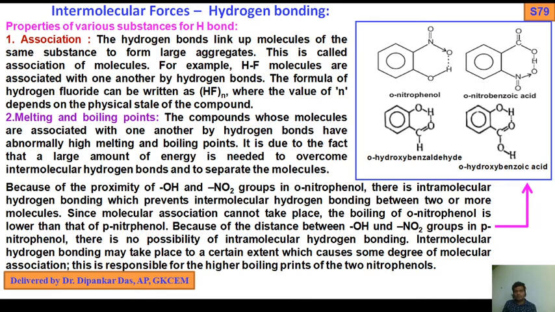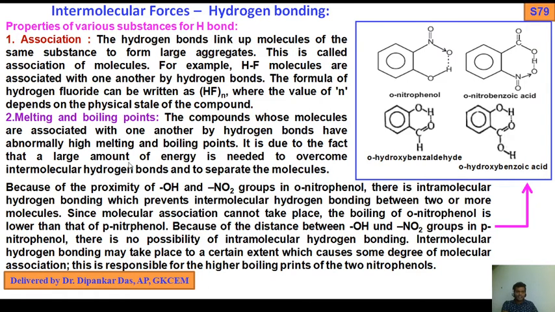The compounds whose molecules are associated with one another by hydrogen bonds have abnormally high melting and boiling points.